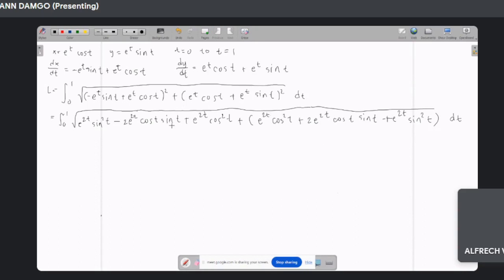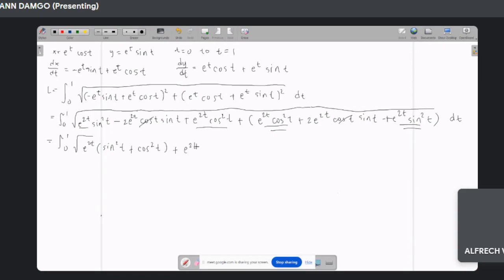Okay? So, nani siya makansel here? Ang mahabilin, ato ni siyang ipang-combine. So, first, i-factor na to ang e to the 2t. So, we have e to the 2t times sine squared t plus cosine squared t. Plus, the same dire, ato na siyang i-factor ang e to the 2t.